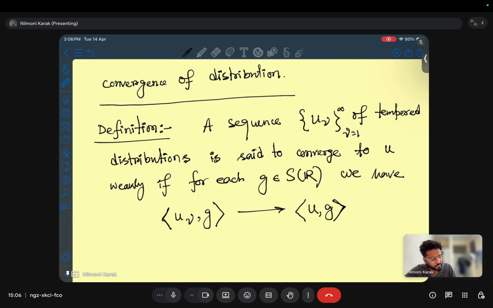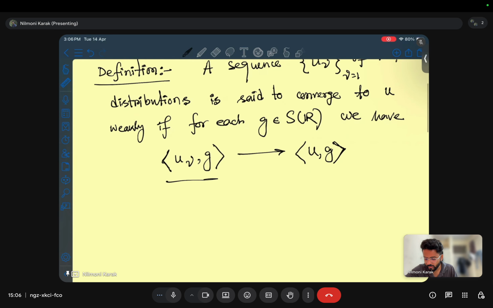For tempered distributions, we know the meaning of this.